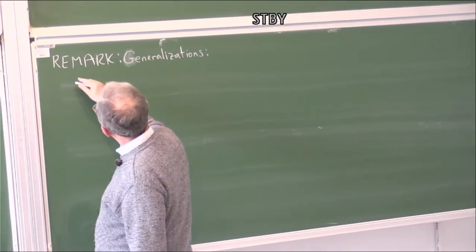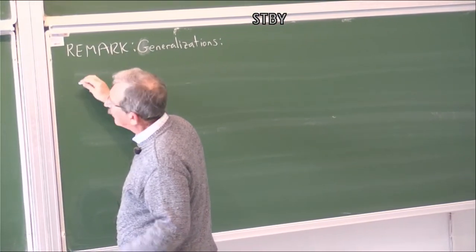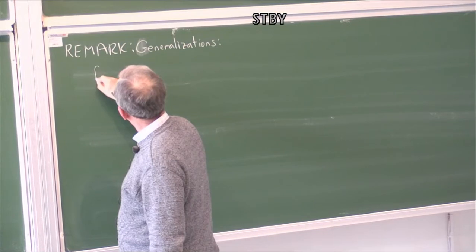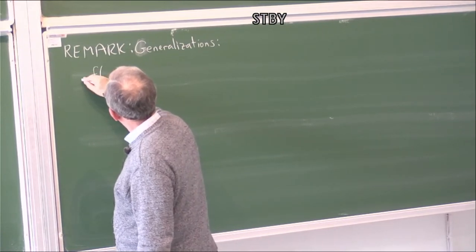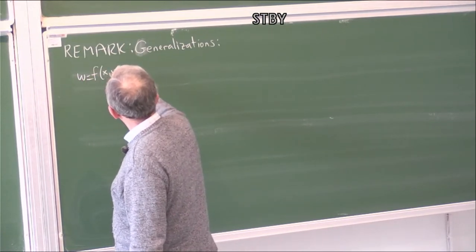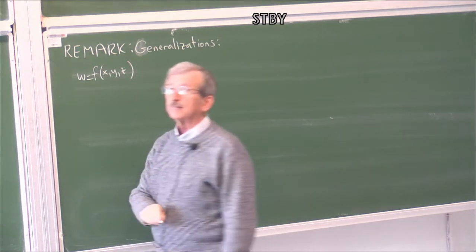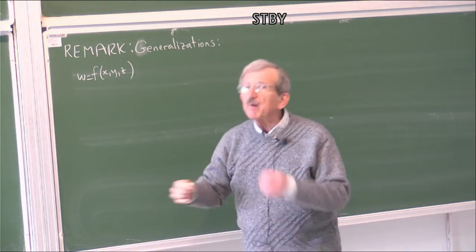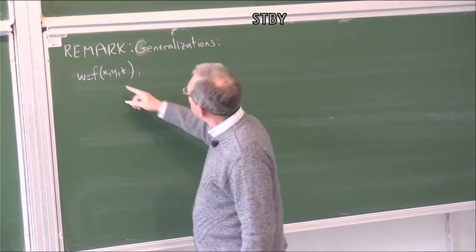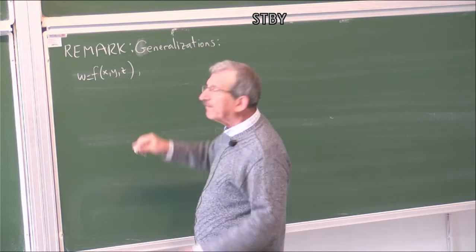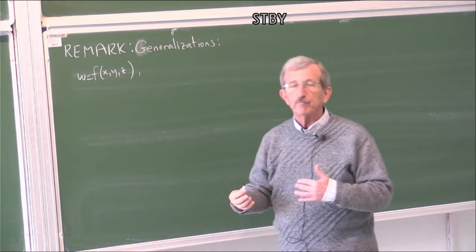We can generalize it to three variables. Namely, we have f of x, y, z. This is to be minimized, and x, y, z are taken from a curve.